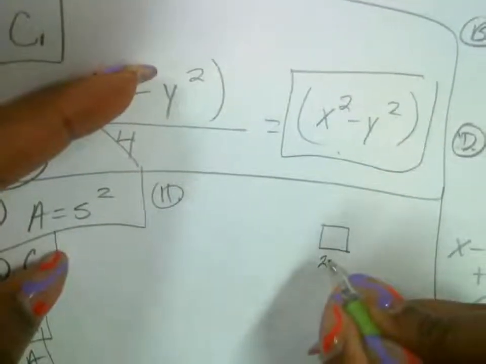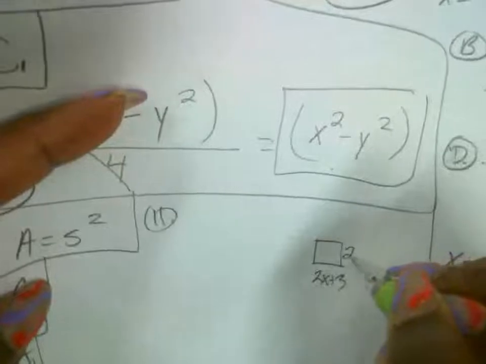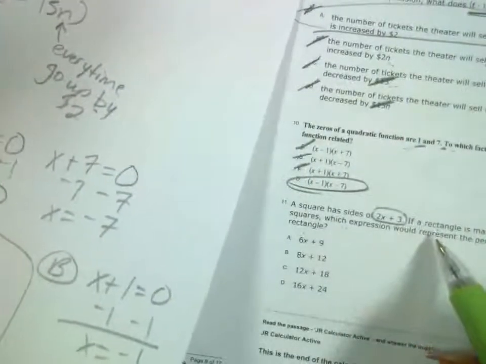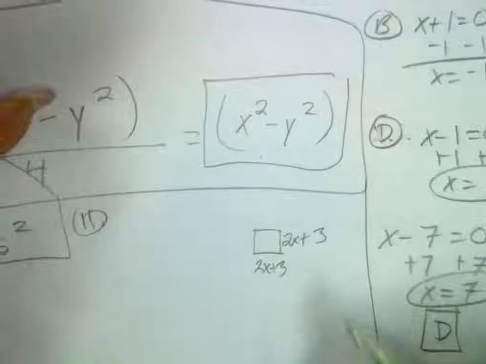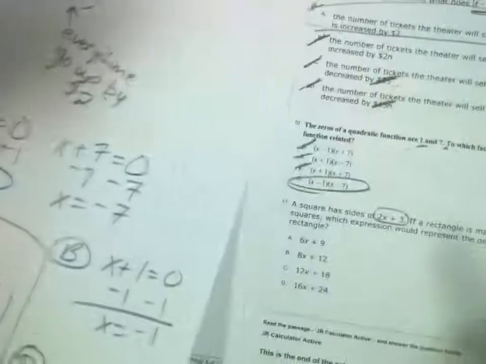This side is 2x plus 3. And so no matter which way you go, whether it's made up of 3 of these, you're going to multiply this by 3.